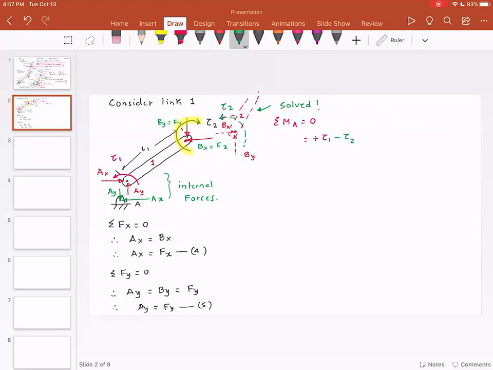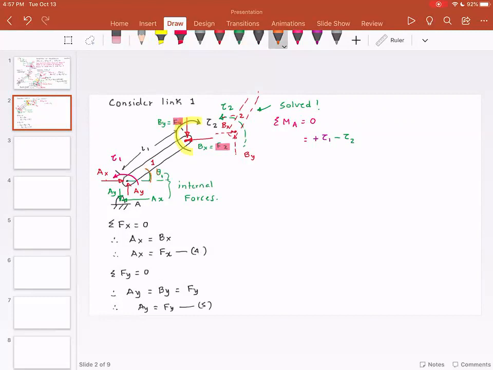And then look at the forces. You have f of x and f of y. Look at the forces, and I would highlight those for you. F of x and f of y. These are the forces. Let's look at the moments given by forces. Please note that this angle is theta 1.